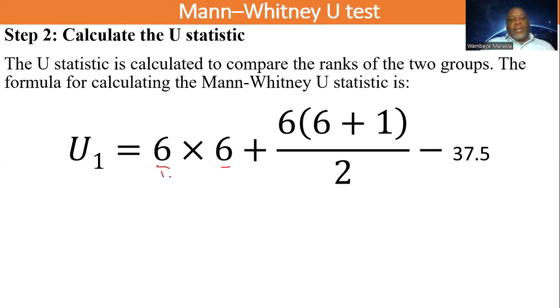So this was N1 and this was N2. Now, the sum of ranks in sample 1 was 37.5.